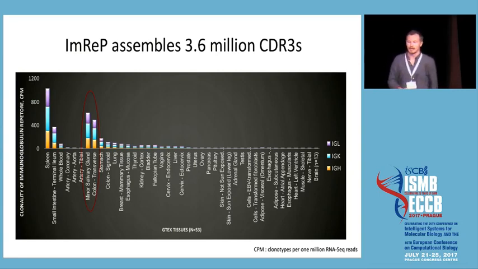So minor salivary gland and colon show quite high immune clonality, even higher than the terminal ileum, which is the proper secondary lymphoid organ, which in GTEx was designed as the proxy for the lymphoid organ, just due to the close proximity. So that can be an indication that saliva can be a great tissue to study immunity. We're checking that right now.